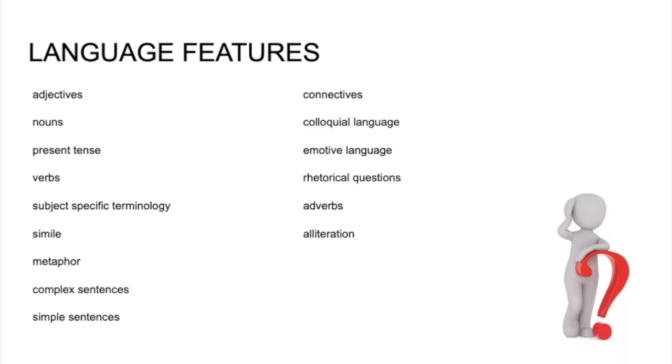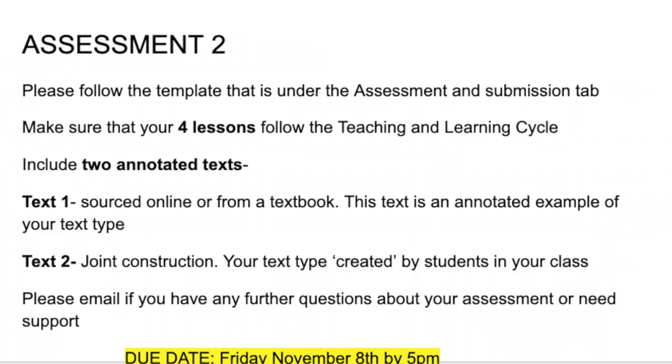And again, you need to see what stage your students are at as to what language features you want to teach them. So focus on three, like I said, three that you teach in the first text and then model it again in the joint construction. But obviously you can draw and show other language features within your text as well.